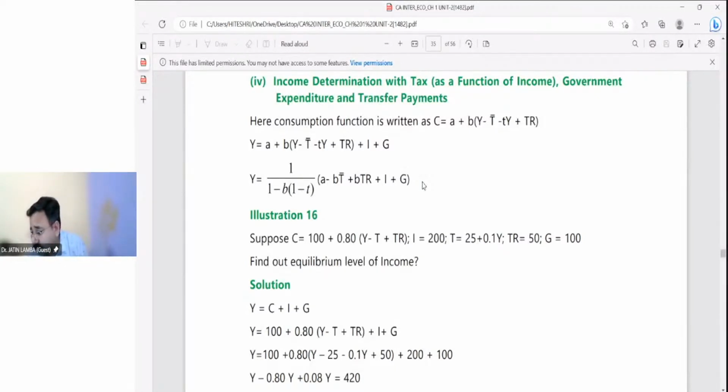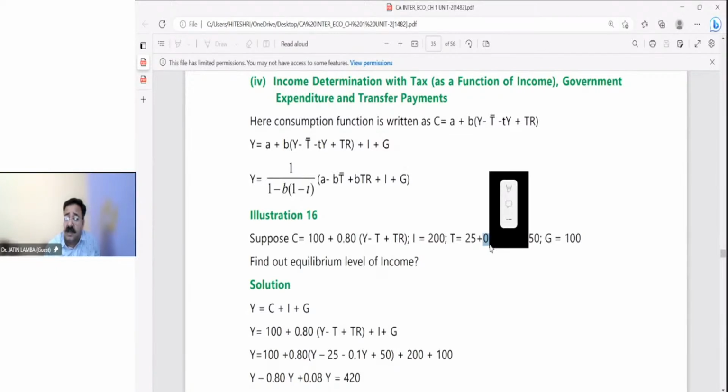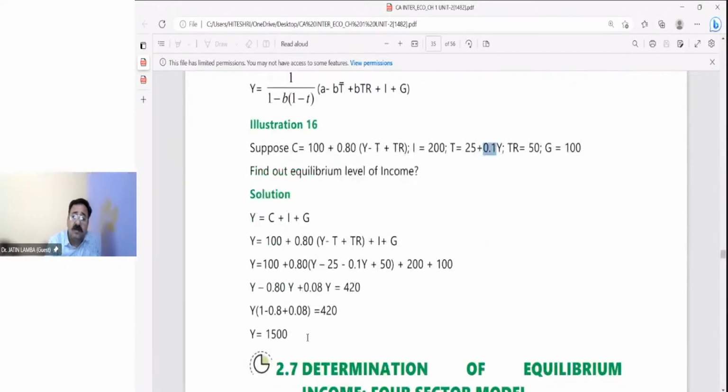In illustration 16, tax is given 0.1y. Tax rate is 10%. This is the tax rate. Here he is not saying to calculate the multiplier, but if said, then you will take this same formula as applied in illustration 15. Now we are going to do illustration 16, children.